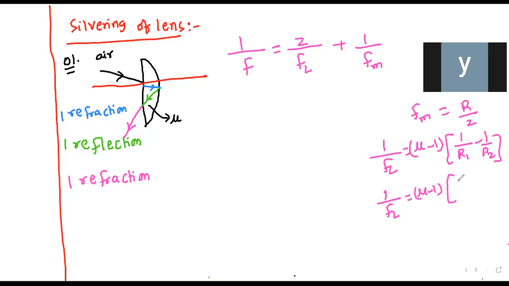So 0 minus 1 by R2. Here, the radius of curvature of the convex spherical surface: the light ray is moving towards the right, but we are measuring the radius of curvature in the opposite direction. So R2 is negative, so I'll keep it as minus R. So 1 by FL is equal to (mu minus 1) by R.